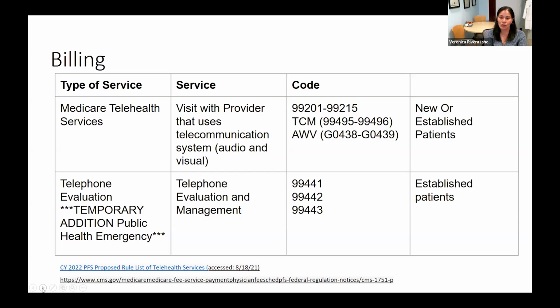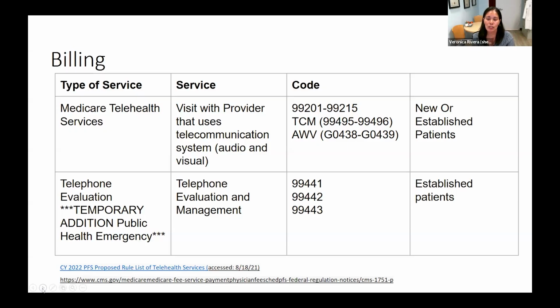So the 99201 to 5, the 99202 to 5, and the 99212 to 5 are available for all video visits where you have both audio and visual components.